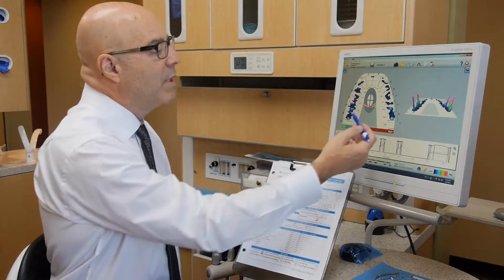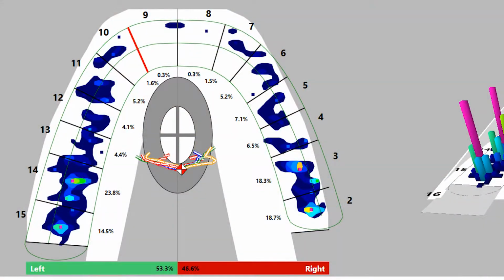Then we're going to look at the premolars, which in this case are 4 and 4, and that is just a little bit less than the 6 we would expect to see. We see about 5 on tooth number 11, which is pretty close to what we would normally see. And in the front, we have 1.5 on the laterals and 0.3 on the centrals.